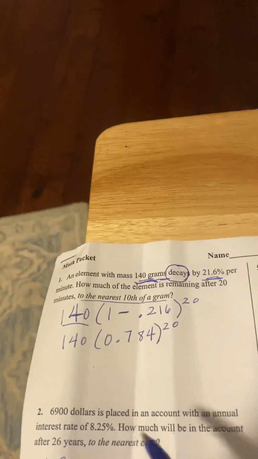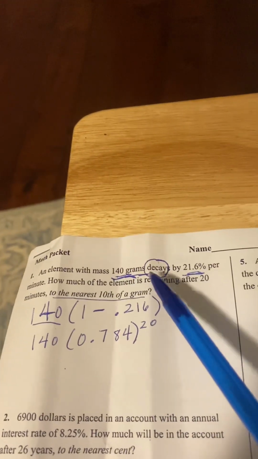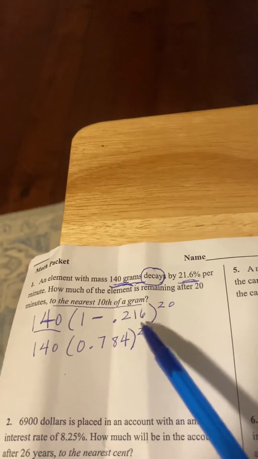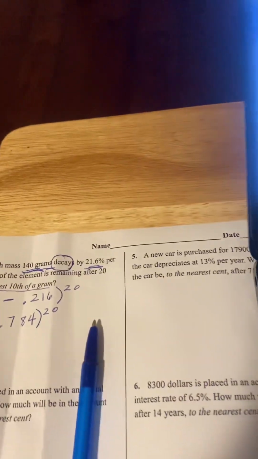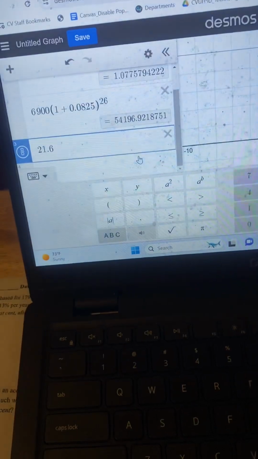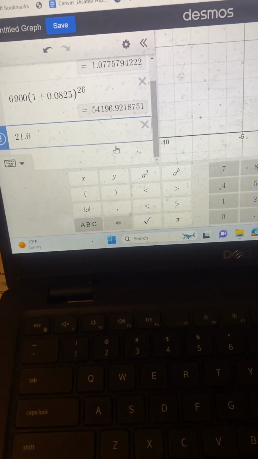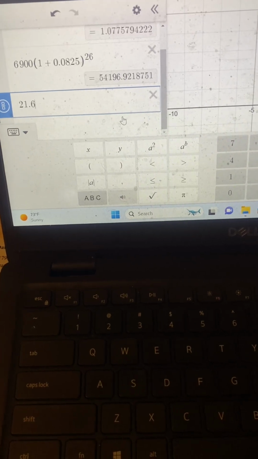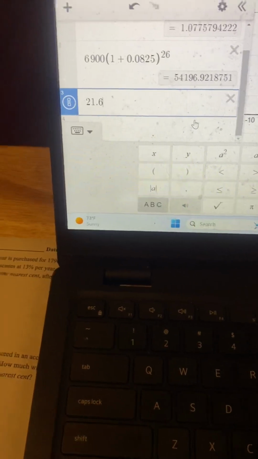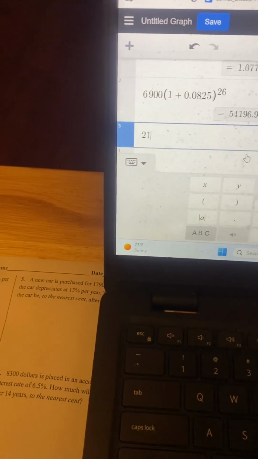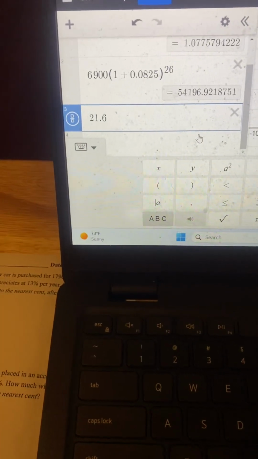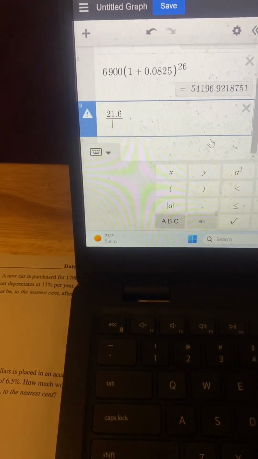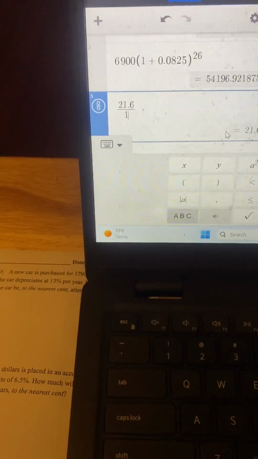So you write 140 first, parentheses, 1 minus, because it decays, and then 0.216. The way that you get 0.216: go to that Desmos calculator on your phone or on your Chromebook, type in 21.6, and divide it by pressing the forward slash, by 100.